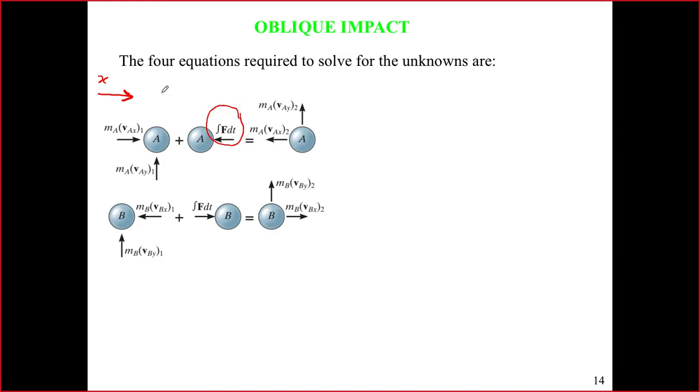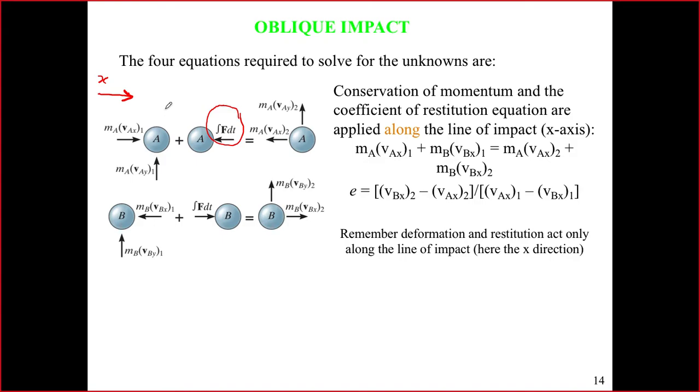So for this direction, we can use our previous analysis: two equations, one being the conservation of linear momentum, and the second being the equation for the coefficient of restitution, to find the final velocities along the line of impact.